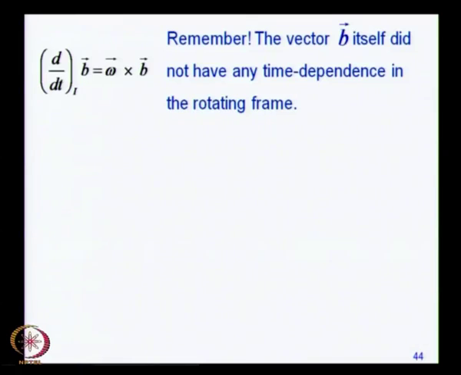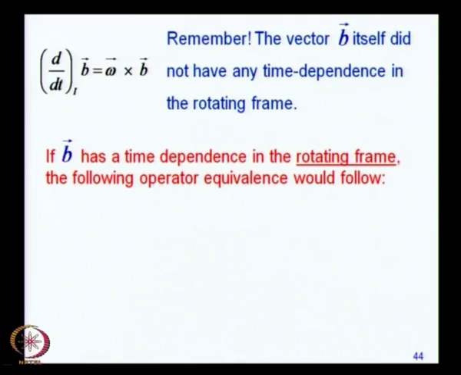This is an assumption that we made to begin with, I had emphasized it, and now if we accommodate the fact that we might consider a vector b which actually has a time dependence in the rotating frame, then that rate of change with respect to time in the rotating frame will have to be added to this, because earlier we had ignored that.